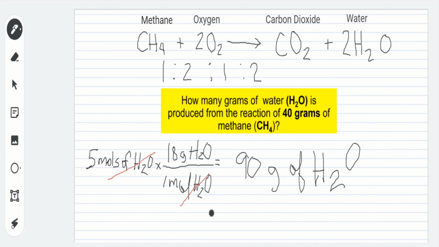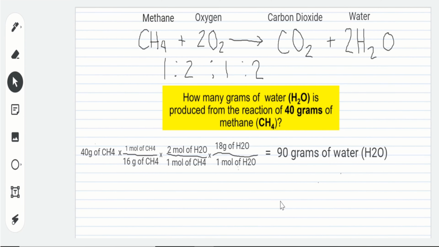of methane. So, to summarize all the processes that we did kanina, so it will look like this. Okay. So, we started first from our given, we have 40 grams of methane and we need to convert that in mole. So, we need to get the molar mass. Okay. So, the molar mass of 1 mole of methane is 16 grams. Okay.